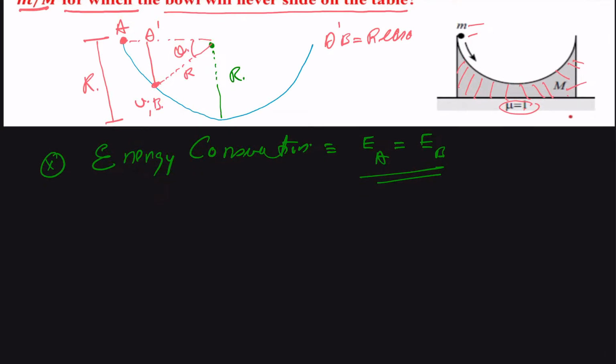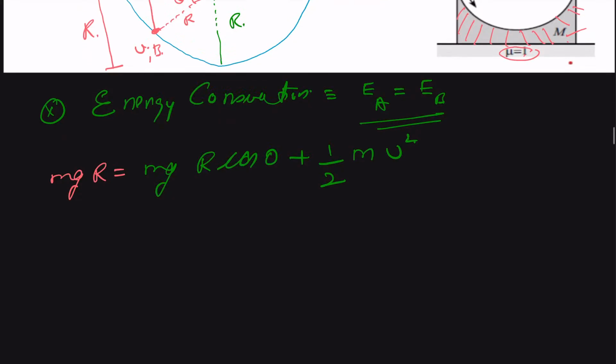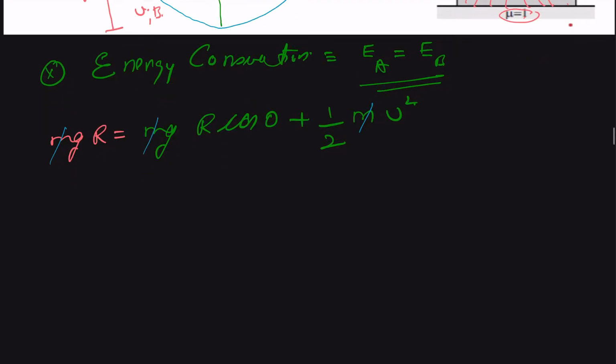Therefore we can write this as mgr, and that will be equal to the energy at point B, which we can write as mg r cos theta plus half m v square. And the mass cancels out throughout and we can combine these two terms.